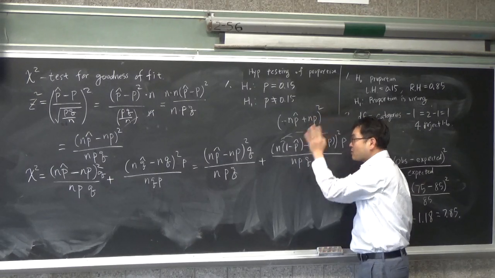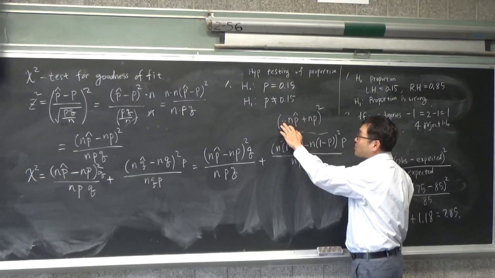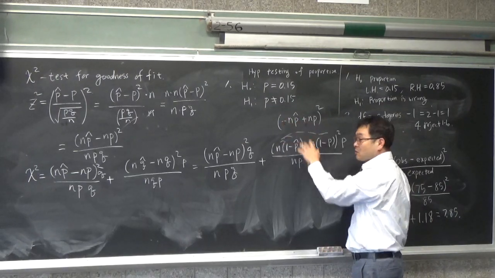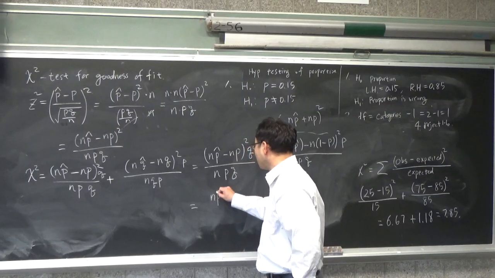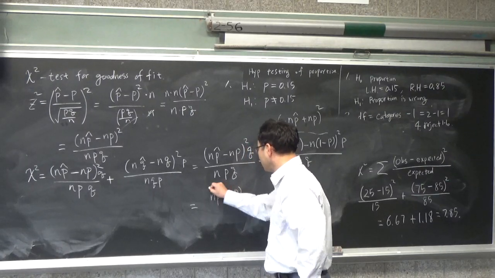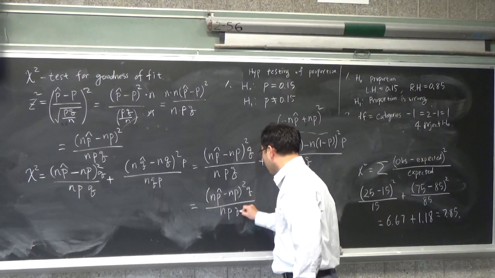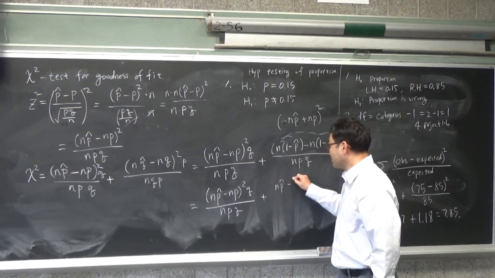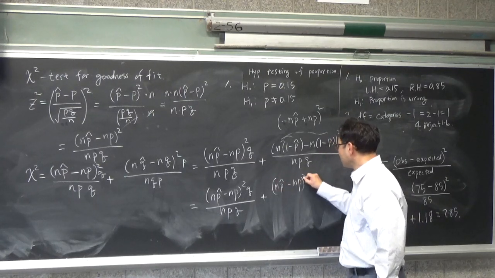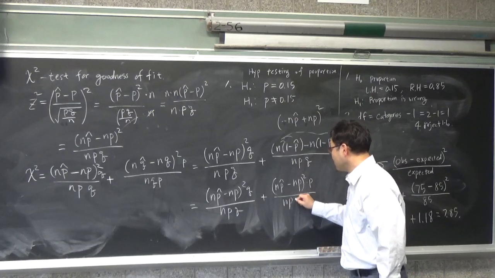Squaring allows you to change this to plus and this to minus because they're negatives of each other. So if you do that, you end up with (np hat minus np) squared times q over npq, plus (np hat minus np) squared times p over npq.